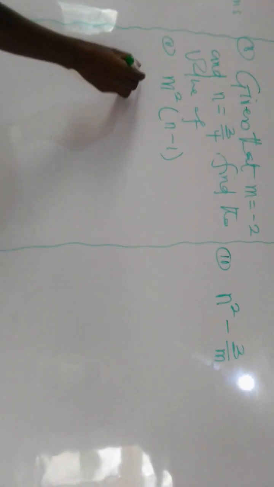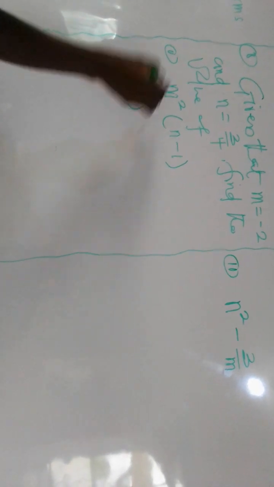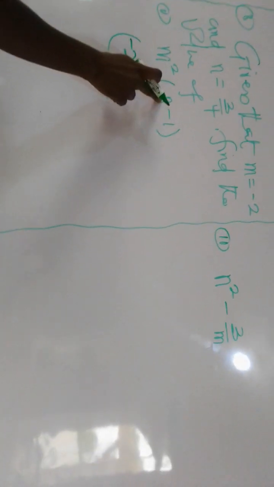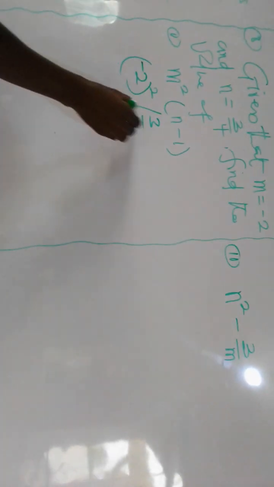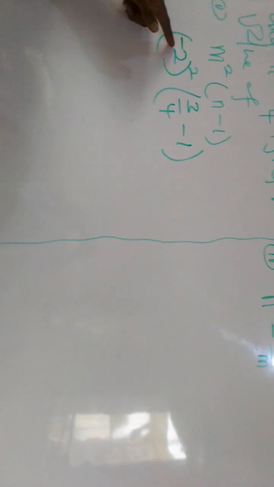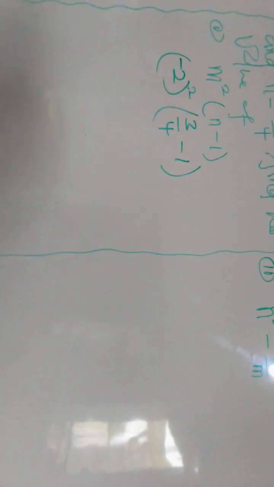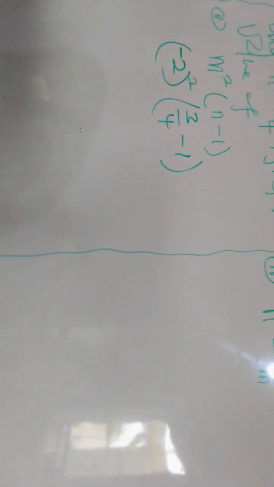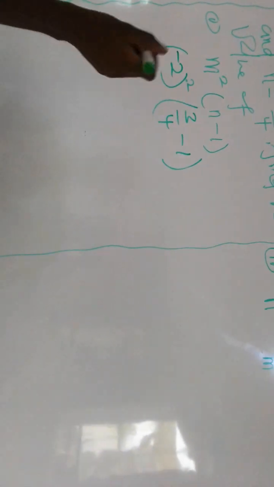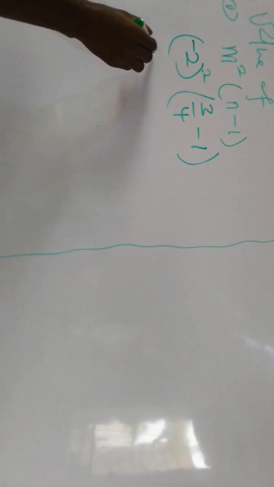Negative 2. So negative 2 into bracket squared, bracket open, N. N is 3 over 4, minus 1. Now negative 2 exponent 2 gives us positive 4. So take note, it is not negative, it is positive, because negative times negative gives us what? Positive. So we are going to have 4.